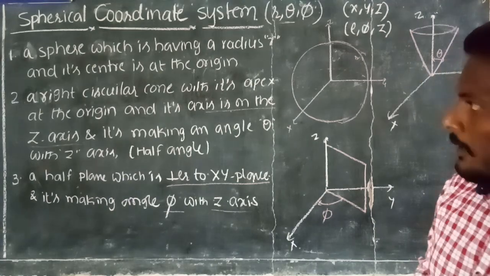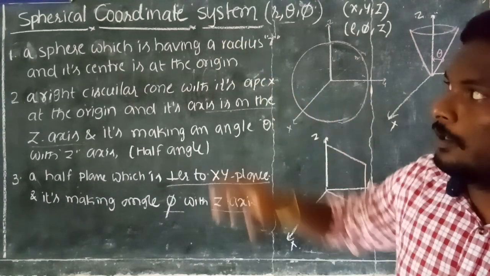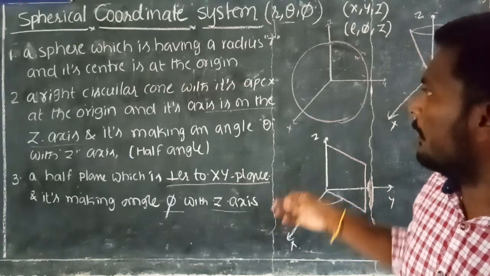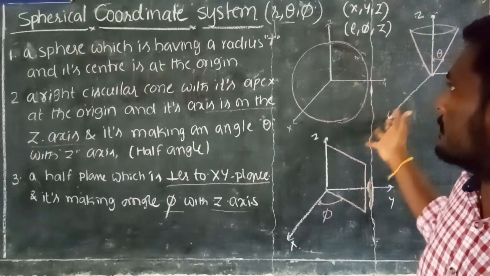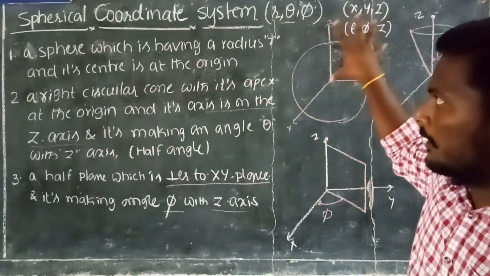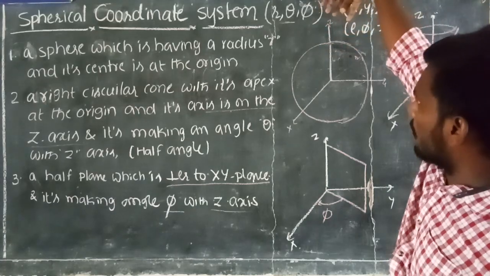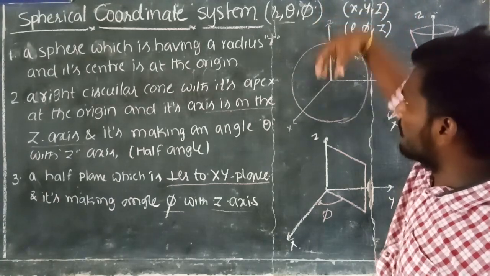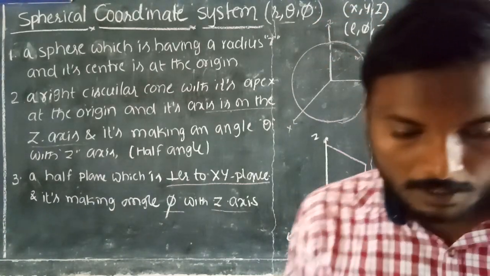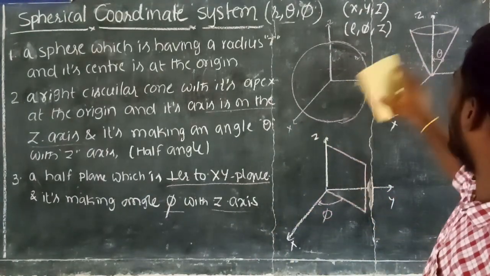Okay. Now we will see how a point is going to be represented in the spherical coordinate system. How the point is going to be formed by using three surfaces. If you combine the three surfaces, you will get a point. Suppose you combine a sphere and a cone.